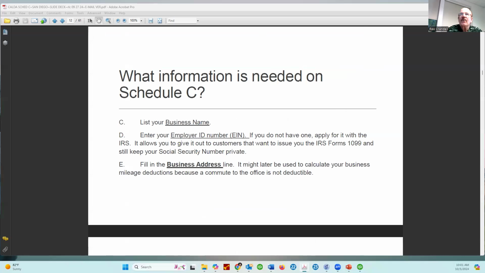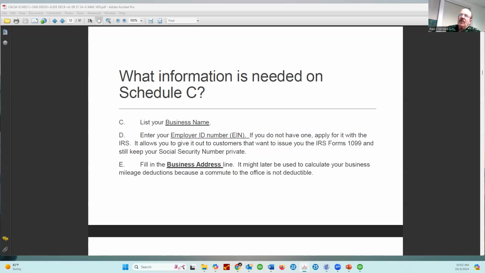Okay, so if you have an employer identification number, you would list that on the top of the 1040. If you don't have one, you can apply for one with the IRS. It allows customers to fill out information that might be needed on an IRS Form 1099.